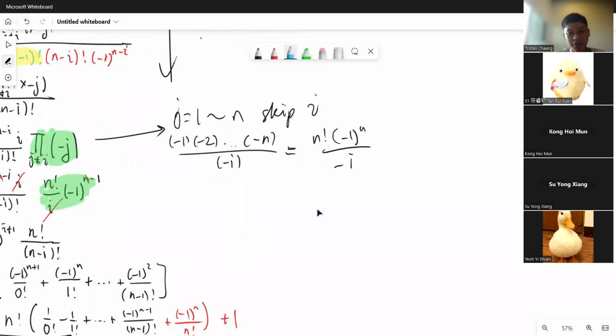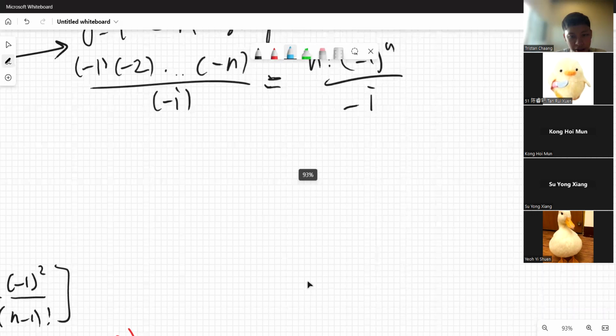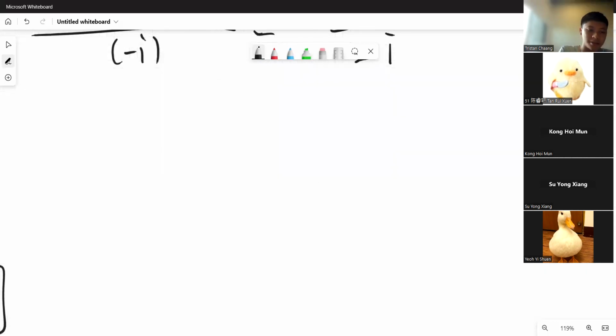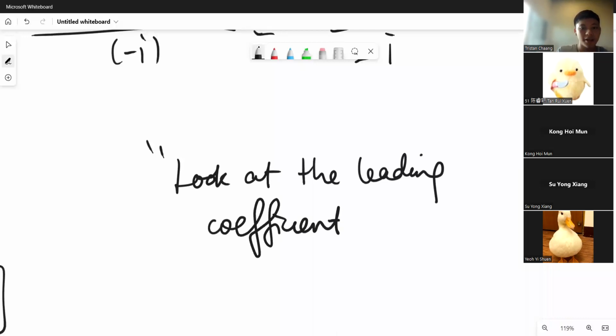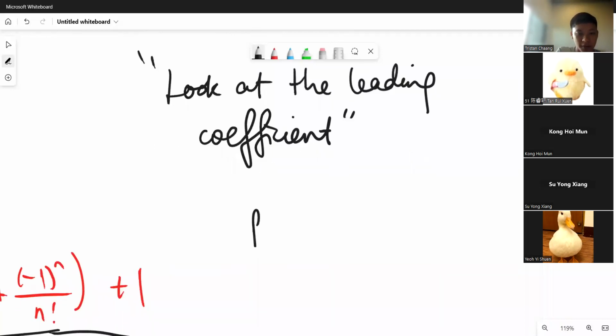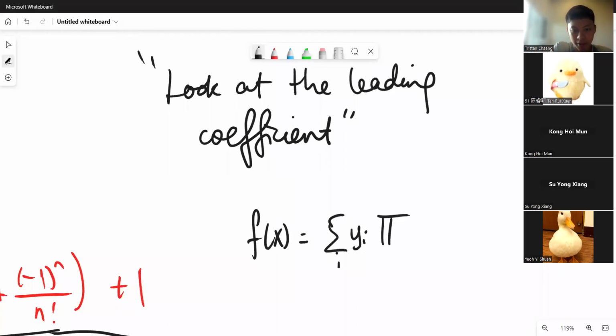So this is another trick that I haven't shown you yet, which is after you use Lagrange, you can look at the leading coefficient. Because you know Lagrange is like f(x) equals the sum over i of y_i times the product over j not equal to i of (x - x_j) over (x_i - x_j).